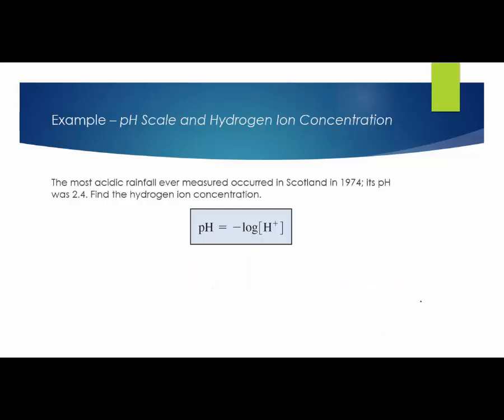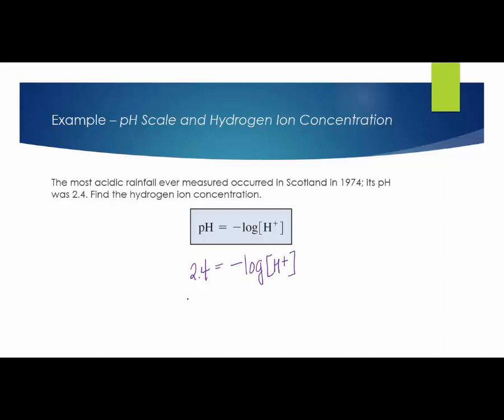The most acidic rainfall ever measured occurred in Scotland in 1974. Its pH was 2.4. Let's find the hydrogen ion concentration. So this time I know the pH value is 2.4. We want to solve for that hydrogen ion concentration. This is a logarithmic equation.